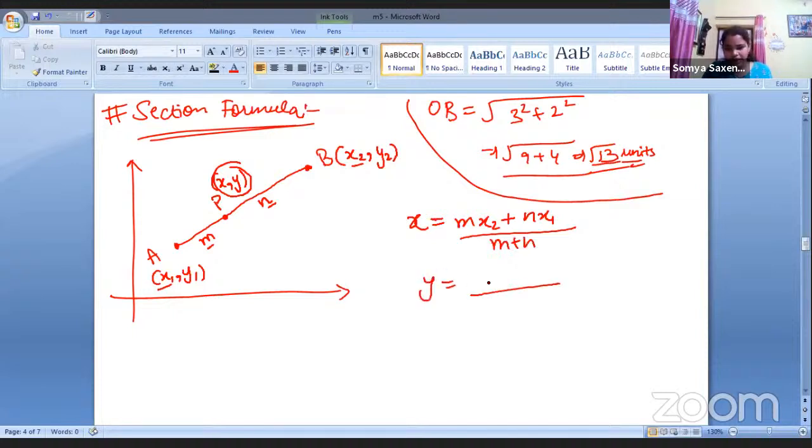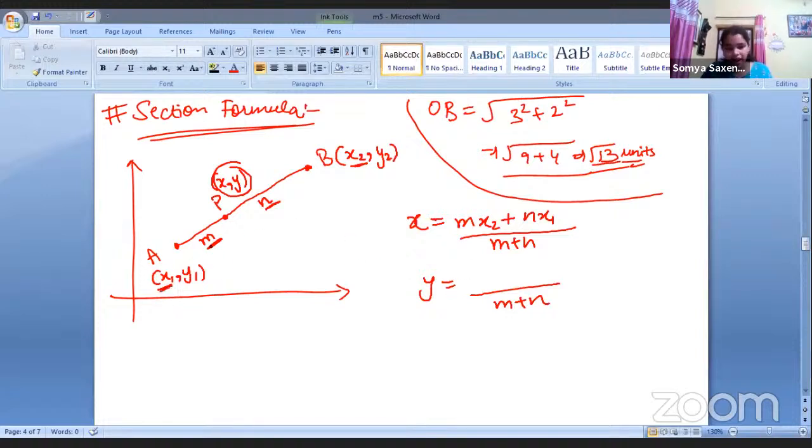So in the denominator, for finding both x comma y, for finding the x coordinate and the y coordinate, in the denominator we would have the exact same thing, which is the addition of this ratio. Whatever segments they are, like it is 1:1 or 1:2, 2:4, or any other thing, we'll just add them. Don't worry about the denominator. The only thing we have to remember is we have to cross multiply. If we are finding the x coordinate, then we'll cross multiply this M with x2, N with x1.